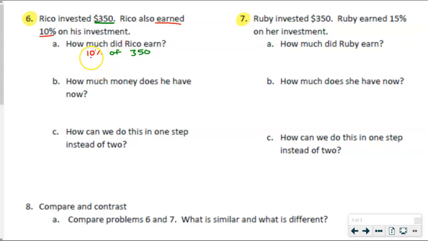Or in other words, 10%, 0.1 or 0.10. Of means that we're multiplying, and we're multiplying by 350. So we plug that into our calculator and we get the earnings. That would be 35. So $35 earned.